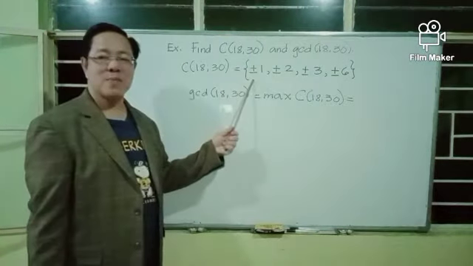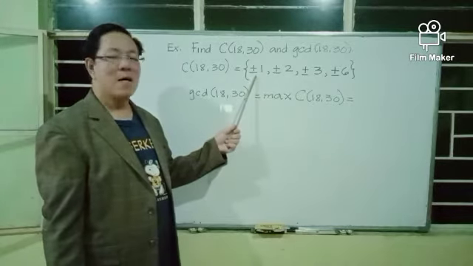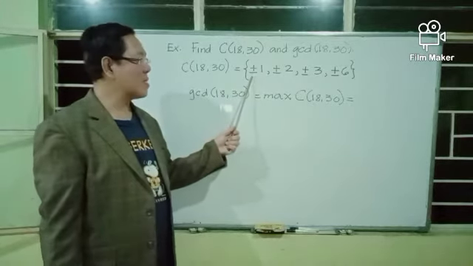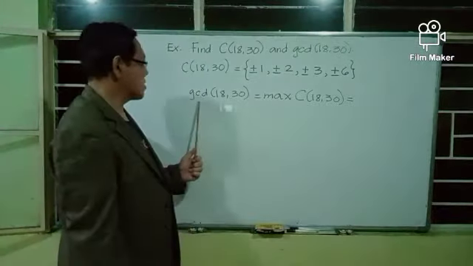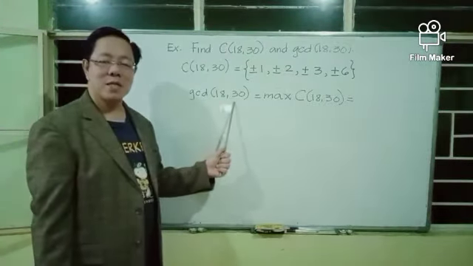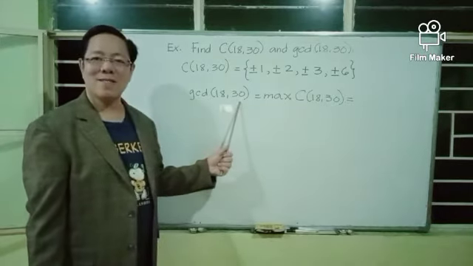And by inspection of the set of all common divisors of 18 and 30, we see that the maximum element of this set is positive 6. Therefore, the greatest common divisor of 18 and 30, the largest integer that can divide 18 and 30, is 6.